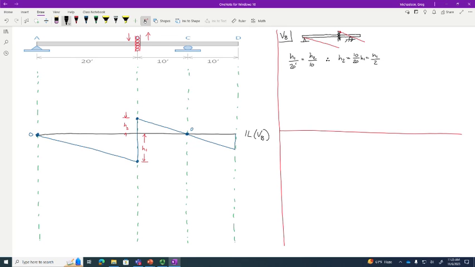Take the 10, multiply it by both sides. I get H2 is 10 over 20 H1, or H1 over 2. Is that fair? So I would claim that this height is half of this one. Are you all okay with that? So if that's the case, what I'm going to do is instead of H2, I'm going to substitute H1 over 2.